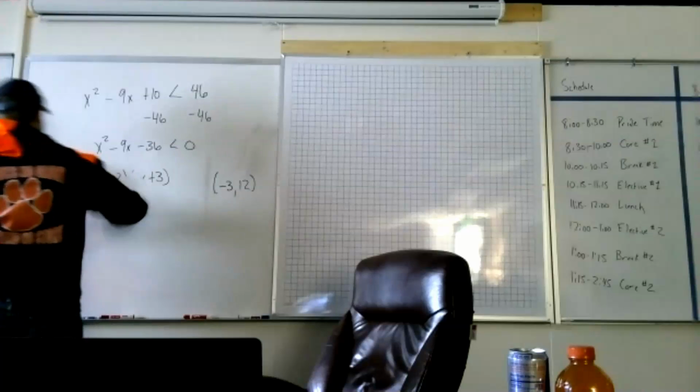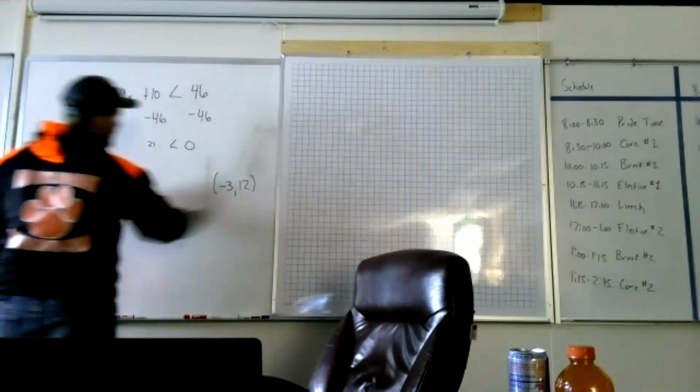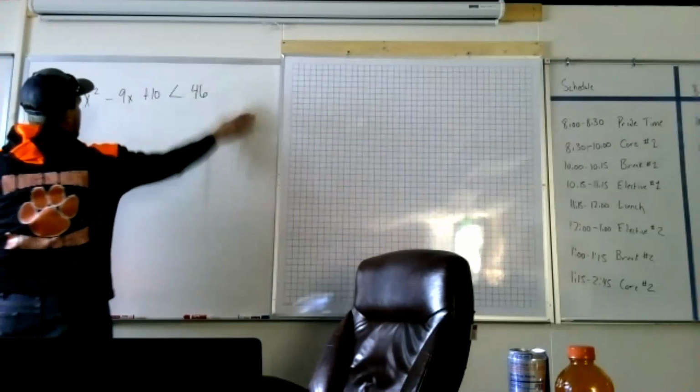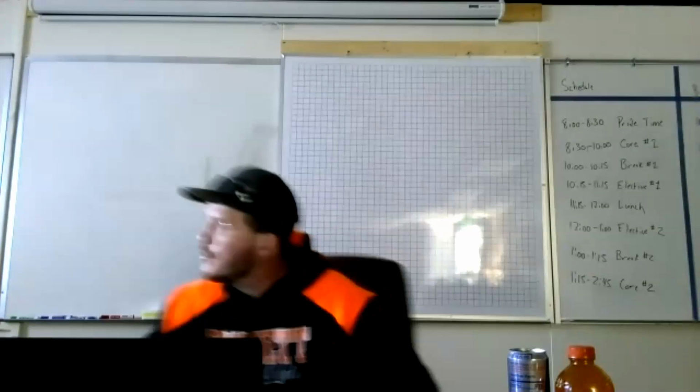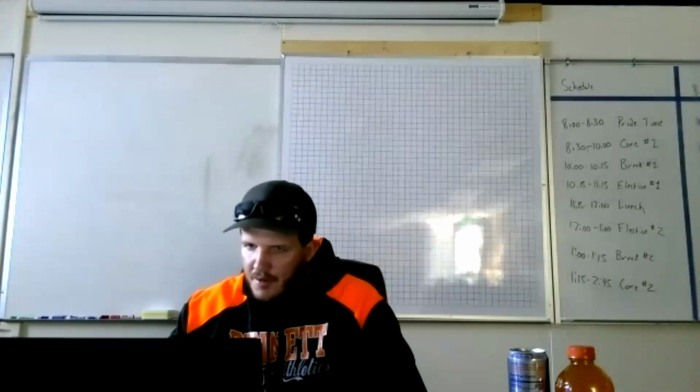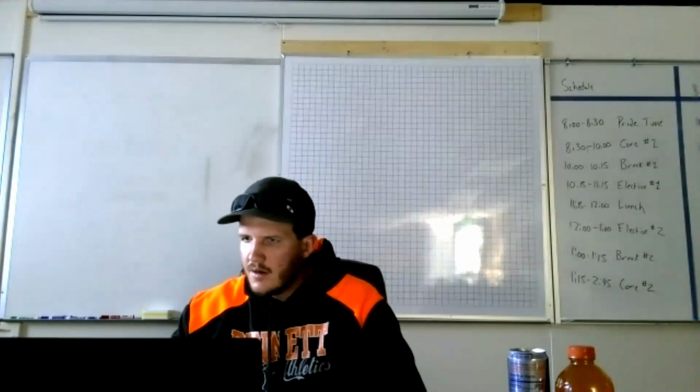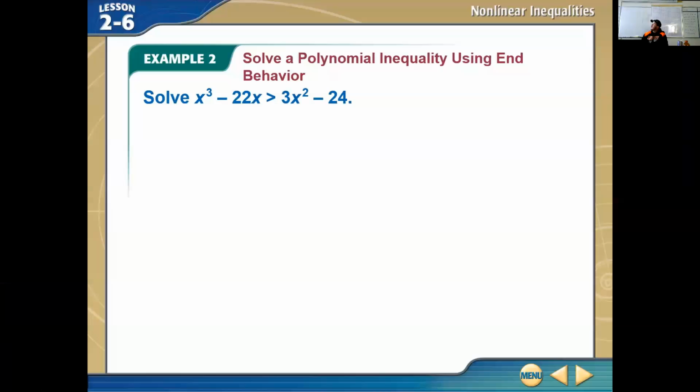So the next one. Now I'll bring it up. But this is one that I would recommend using Desmos. Desmos is going to be the most efficient method. So we're trying to solve x cubed minus 22x, where is that greater than 3x squared minus 24?